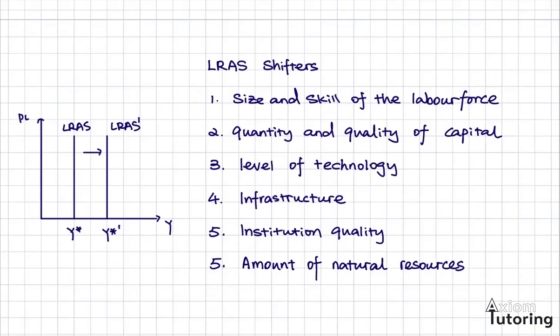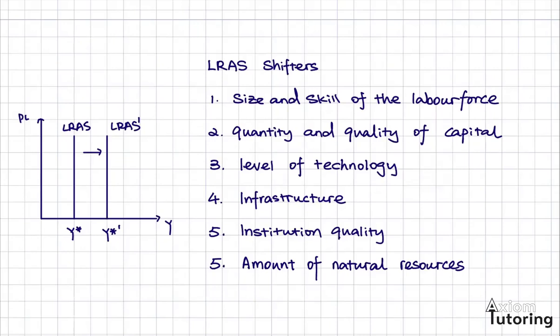Well, changes in the level of technology also matter. Technological progress allows an economy to produce more output from a given level of inputs. For example, better logistics software may allow a delivery firm to serve more customers using the same number of vans and drivers. So technological improvements result in more efficient production.